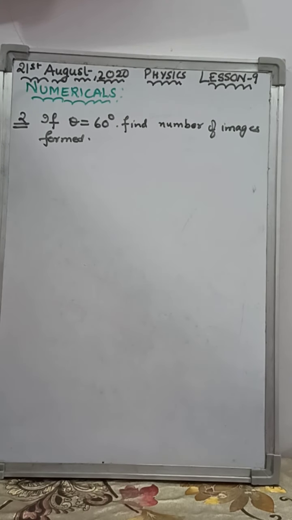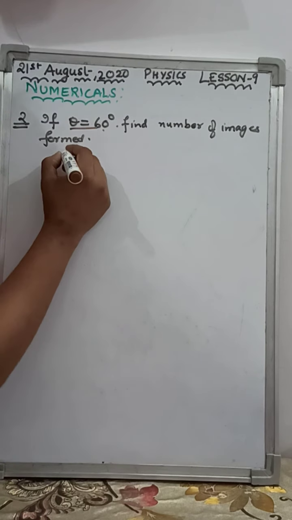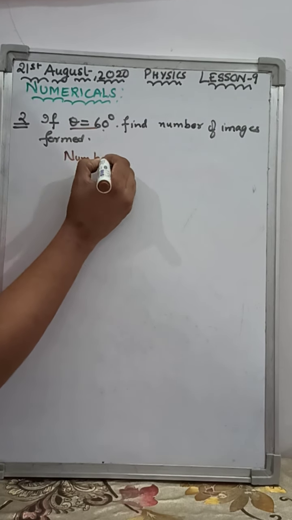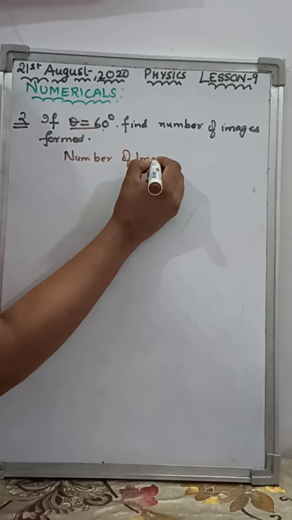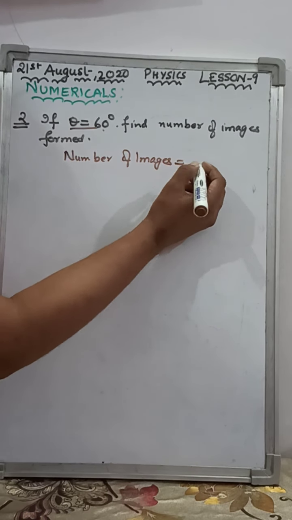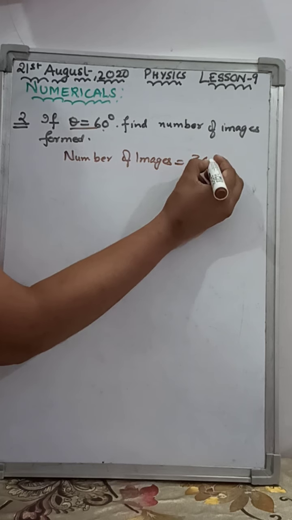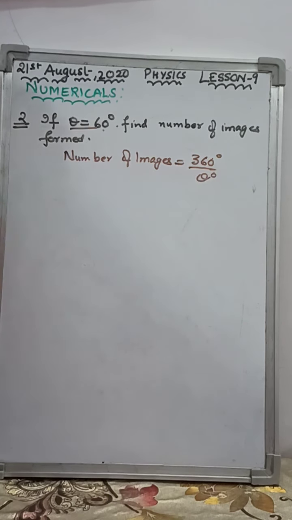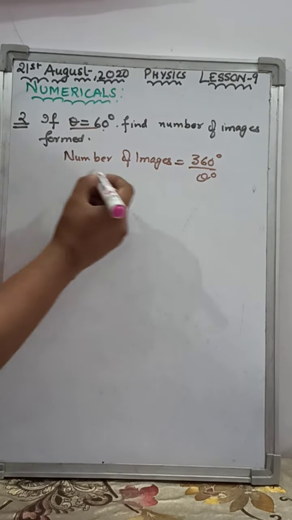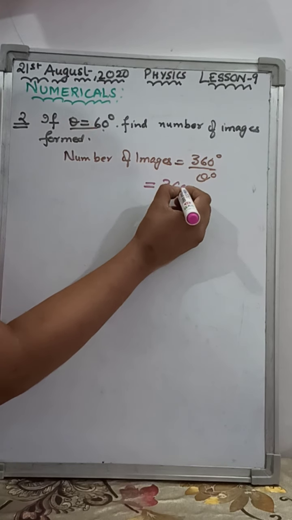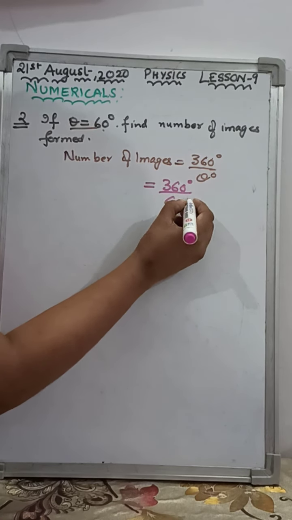Now numerical number 2. If the angle between the two plane mirrors is given as 60 degree, then you have to find the number of images formed. So the number of images formed when two plane mirrors are inclined at an angle of theta is 360 degree upon theta. We'll substitute the value of theta, that is 360 upon 60.